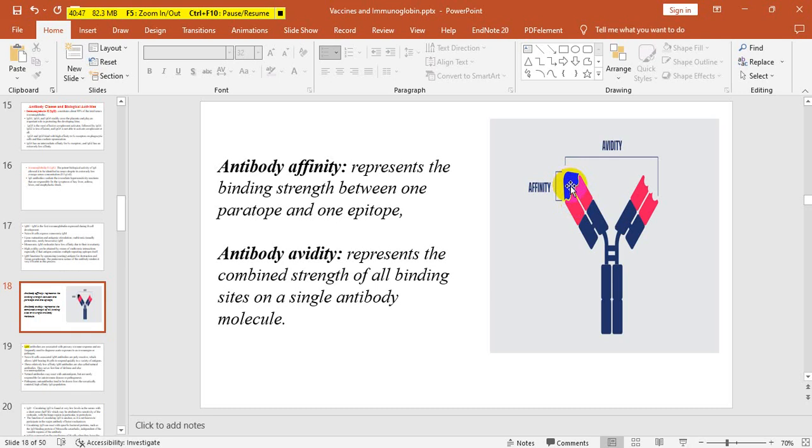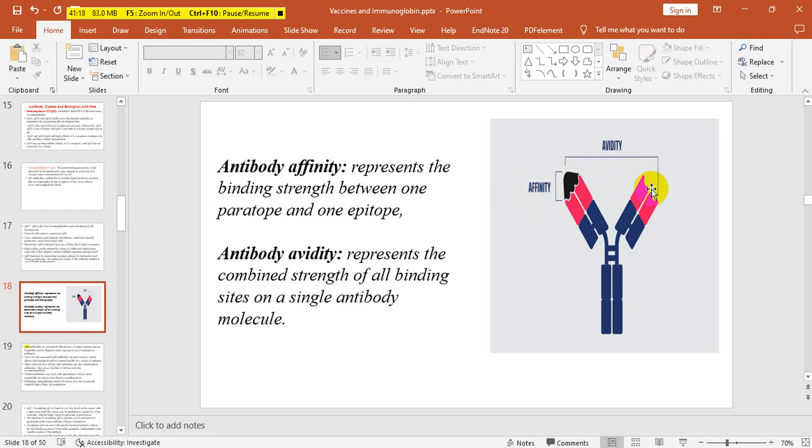Then avidity is when both of them are binding the antigens on an organism. So the avidity is stronger than affinity. Affinity is only one paratope, or just one arm of the variable region binding to the antigen, whereas avidity is both arms binding. So this side is binding, this side is binding.